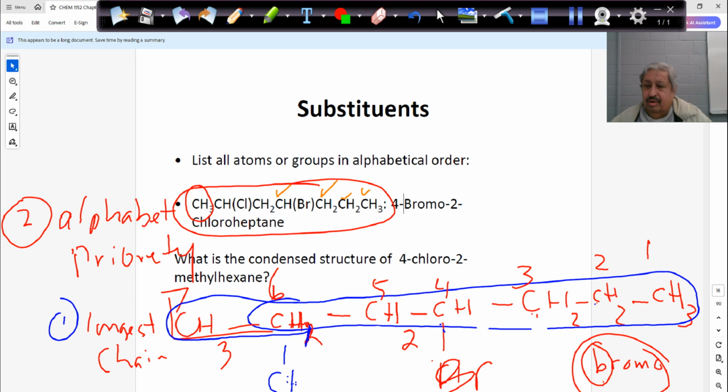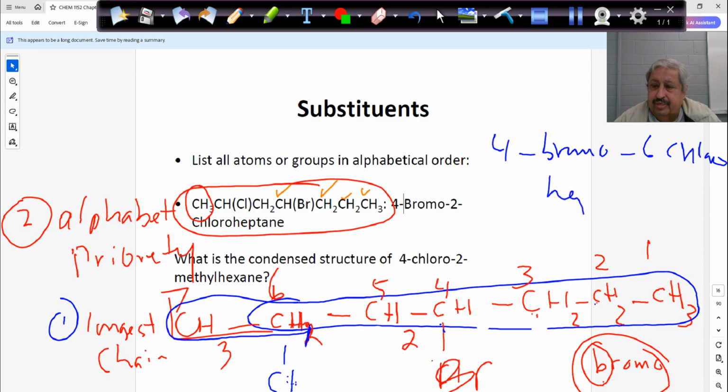Let me see. We said 4-bromo, 6-chloro, and heptane, correct? Now, if you look at it this way, 1, 2, 3, 4-bromo, still 4-bromo, correct? Either way it is 4, 5, 6, 7. 4-bromo.